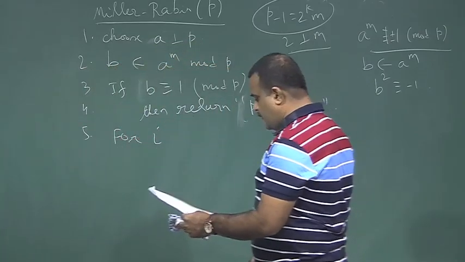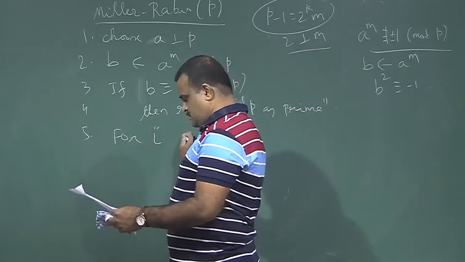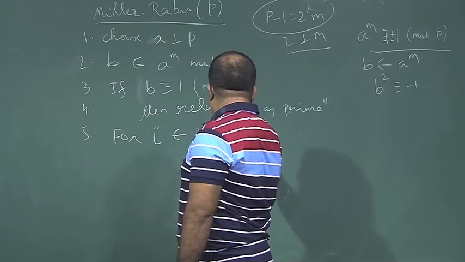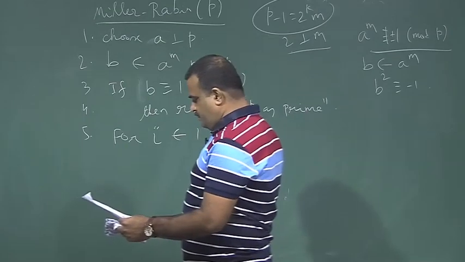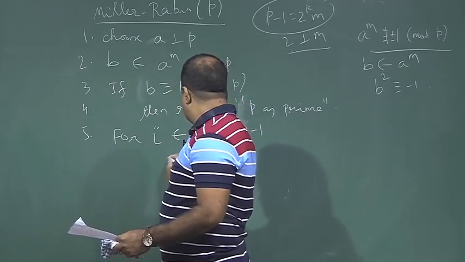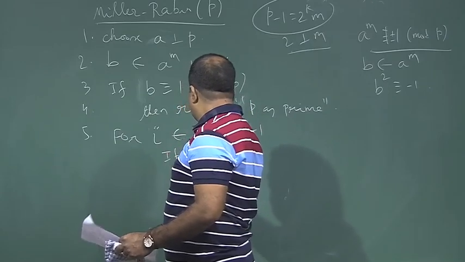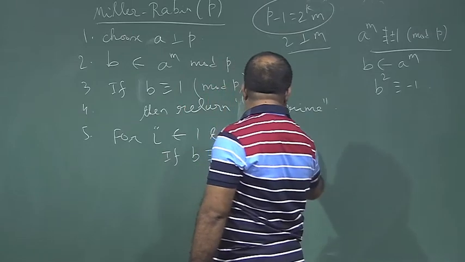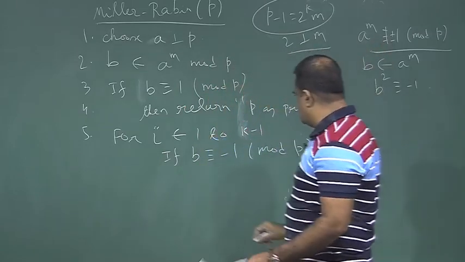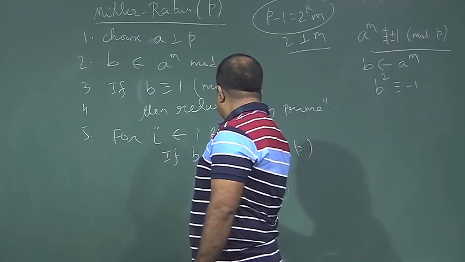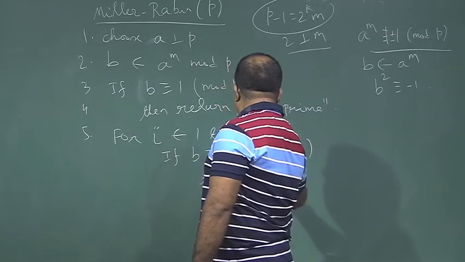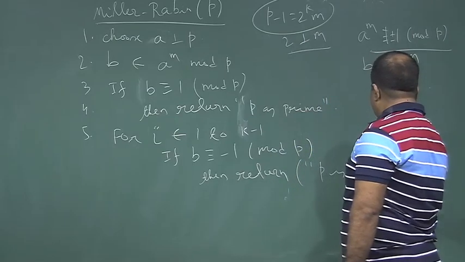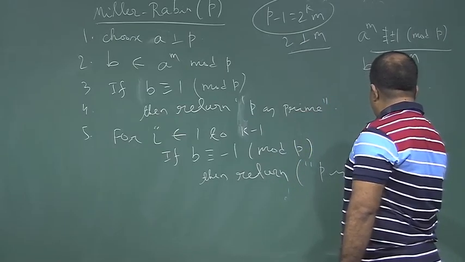So, for i equal to 1 to k minus 1, we keep on computing b. Under this loop, if b is congruent to minus 1 mod p, this first step is checking whether this is plus or minus 1 or not, then we return that p is prime, it should be probable prime.